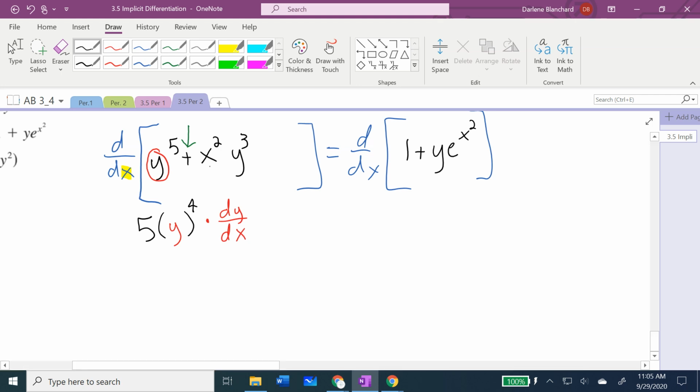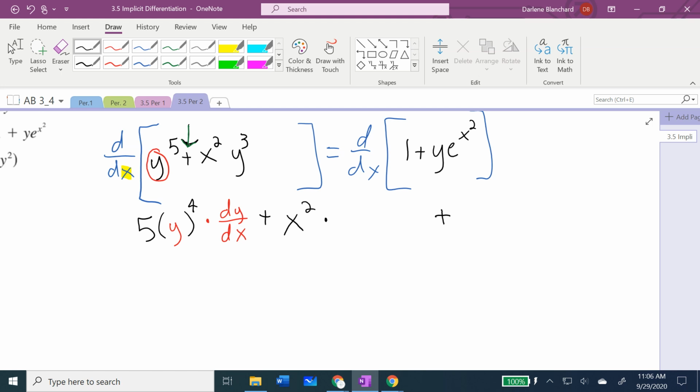Now I'm going over to the other side of this addition. And now, oh look, we get to do a product rule. Who's excited? All right, here we go. I'm going to keep the x squared and multiply by the derivative of y cubed. And since I'm going to have to do a bit there, I'm going to remind myself that I'm doing product rule so I don't accidentally take the derivative of y cubed and forget that I have a plus after that.